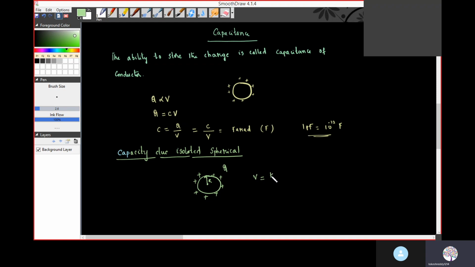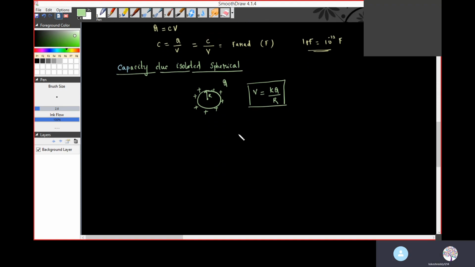Potential is equal to K Q by R. Now capacitance C is equal to Q by V, that is Q divided by K Q by R. So this Q and Q get cancelled, and we get R by K. The value of K is 1 by 4 pi epsilon naught.